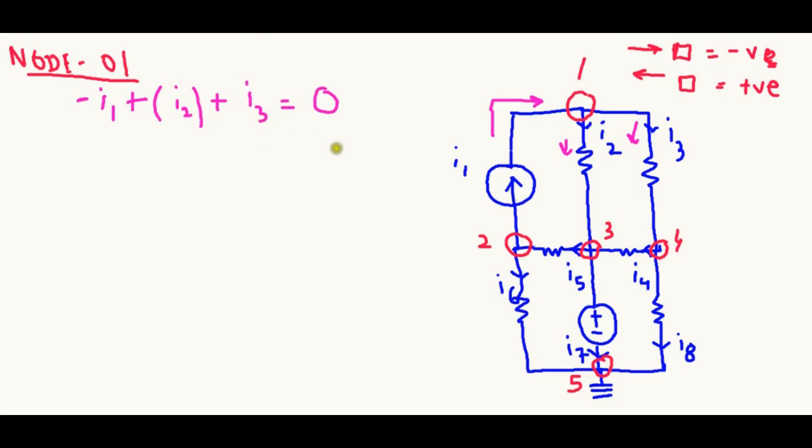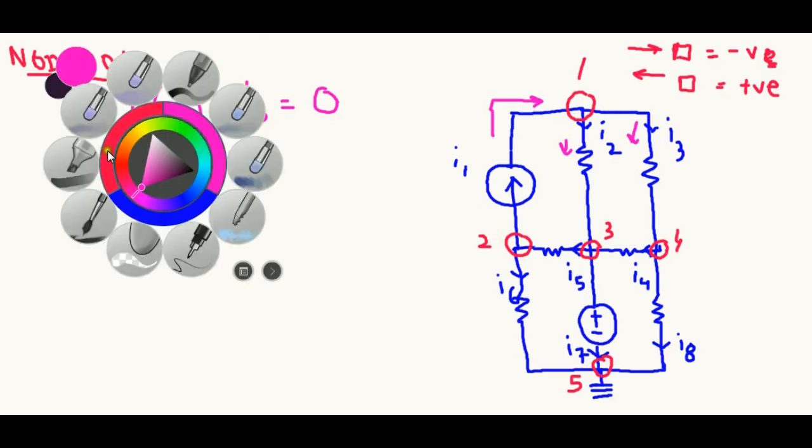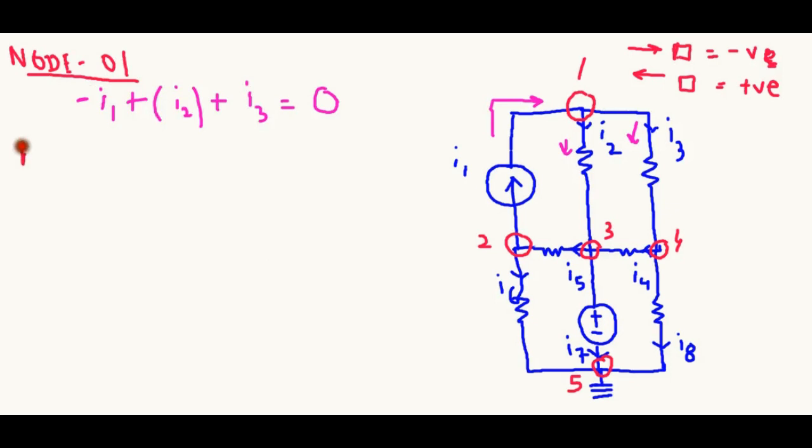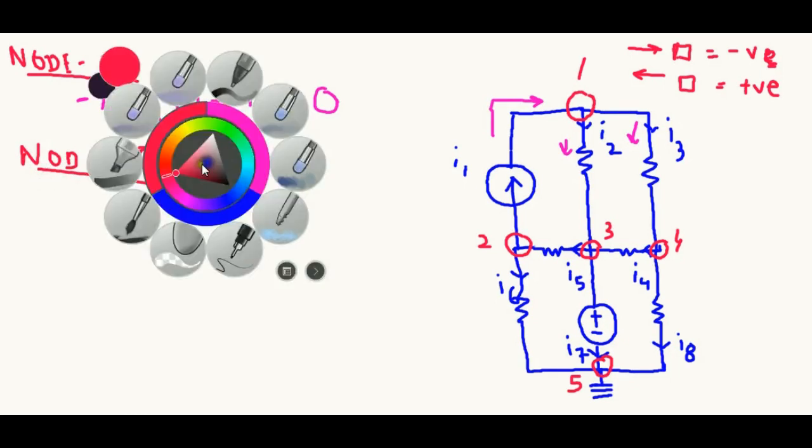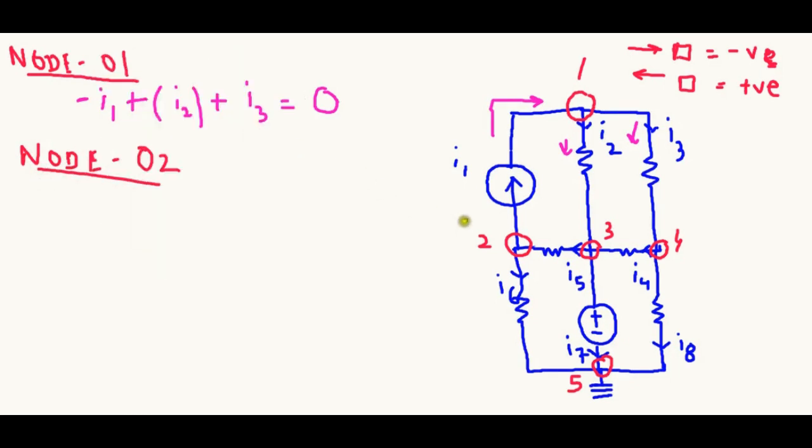Next, I have node 2. So I'm going to first label and make a compartment for node 2, and then I'm going to write the equation for node 2. For node 2, there are 3 branches associated with it, and a current that leaves node number 2 is I6, and another one is I1, and I5 is going to enter.